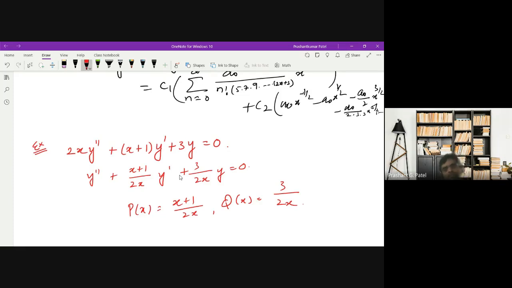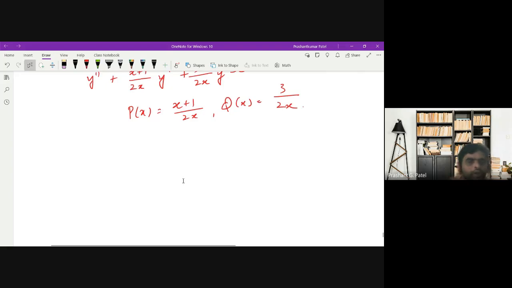Since x is equal to 0 is undefined, I'm not writing all the details now, you can write them down on your own. Since p of x and q of x are not analytic at the point x equal to 0, x equal to 0 is not an ordinary point. Sorry, x equal to 0 is a singular point.